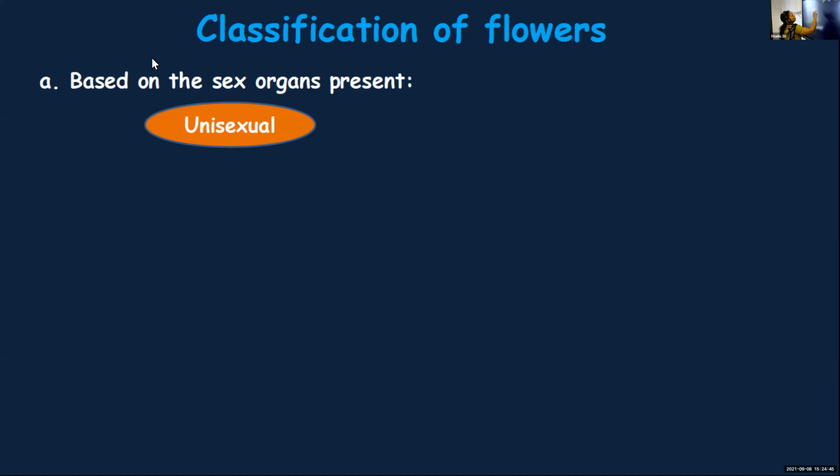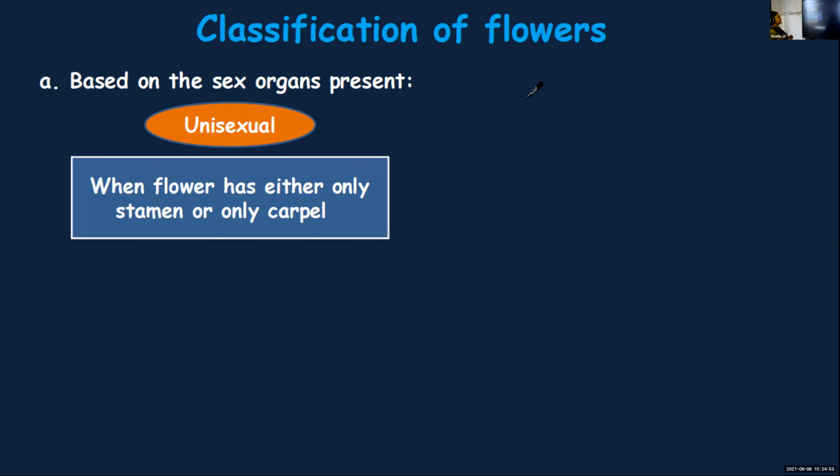Now, based on the sex organs present, you can classify flowers into different types. Classification of flowers on the basis of sex organs. Unisexual: when a flower has either stamen or carpel.